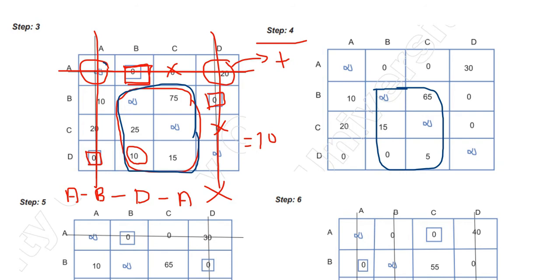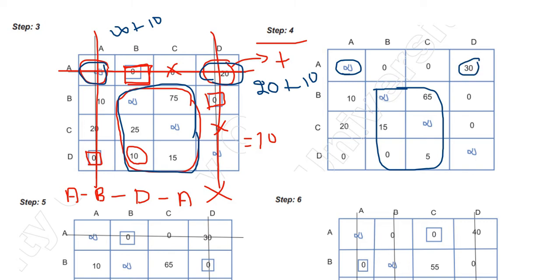But for the elements which have been crossed, it will be infinity plus 10, which is nothing but infinity itself, and in this element it will be 20 plus 10, which is 30, which I have written here. We add to the crossed over element and subtract from the non-crossed over element.